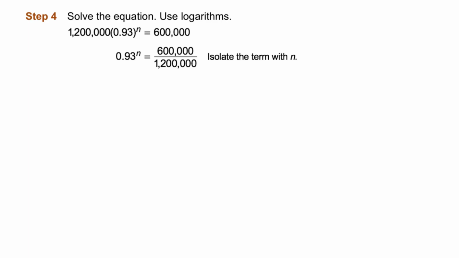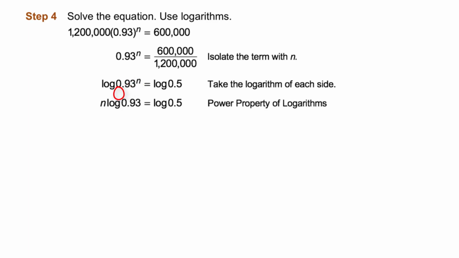Now we'll take the logarithm of each side. Log of 93 hundredths to the nth power equals log of 0.5. Now, by the power property of logarithms, we can rewrite this as n times log of 0.93 equals log of 0.5. Finally, solving for n, we'll divide each side by log of 93 hundredths.